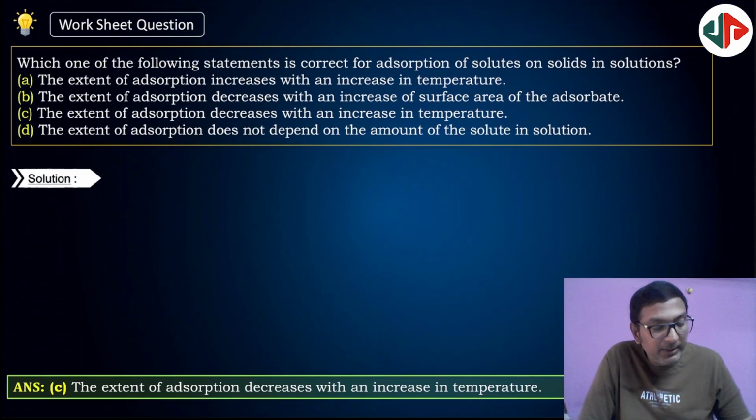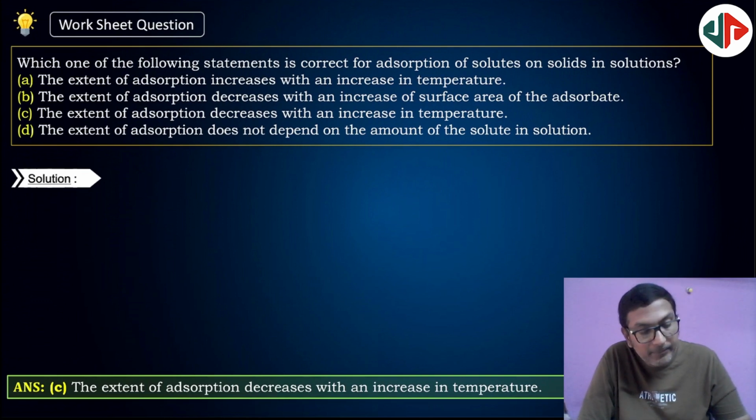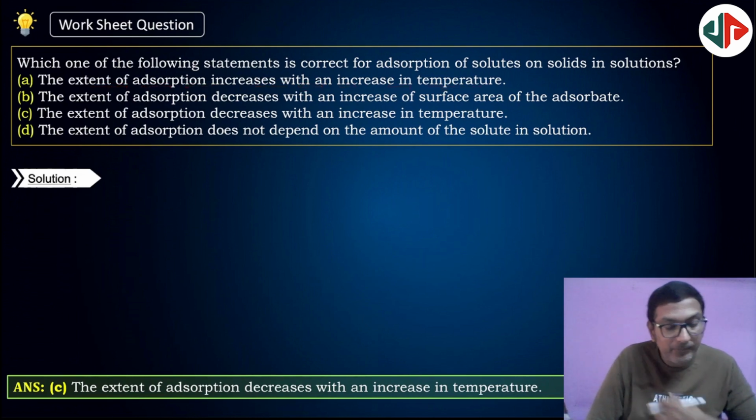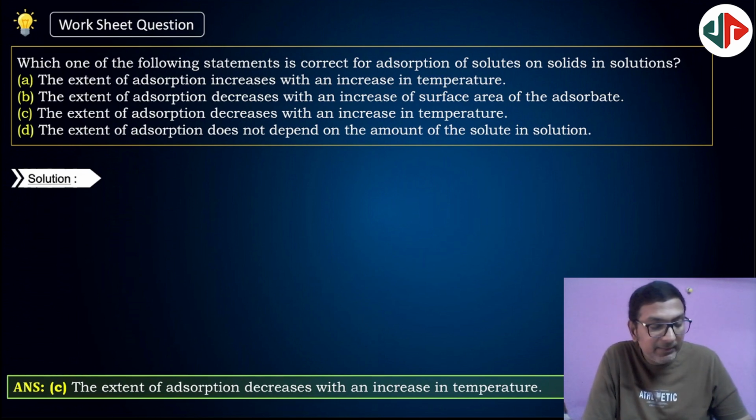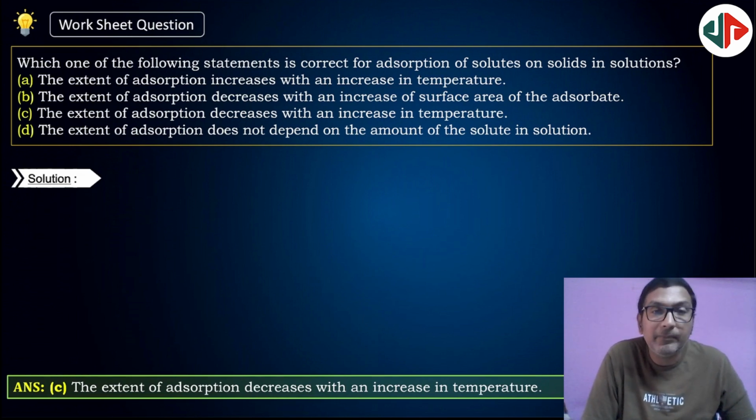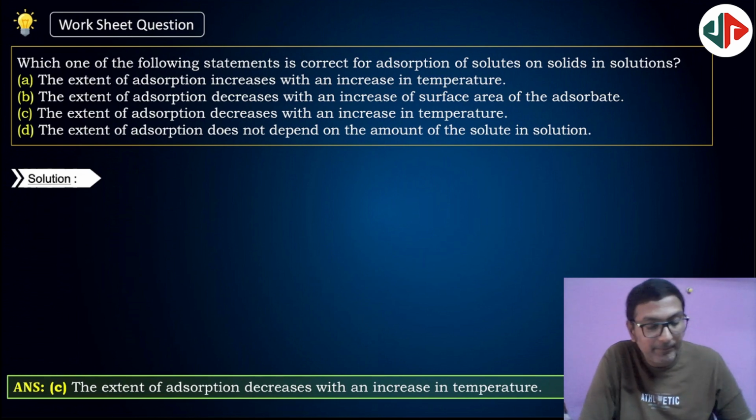Next. Which of the following statements is correct for adsorption of solutes on solids in solutions? Extent of adsorption increases with increase in temperature. Extent of adsorption decreases with increase in surface area of adsorbent, that means adsorbate.